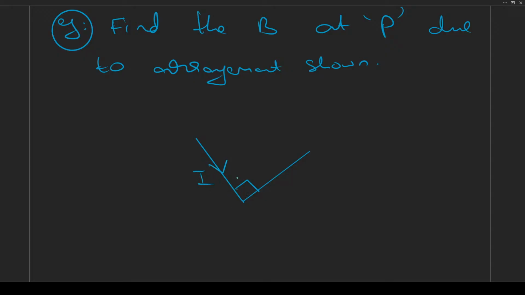Current is going like this. This is a point P where this angle is 45 degrees, meaning this angle is 135 degrees, and this distance is d.